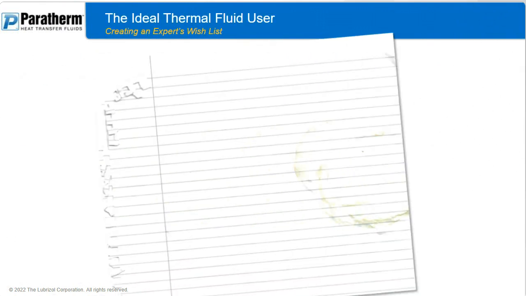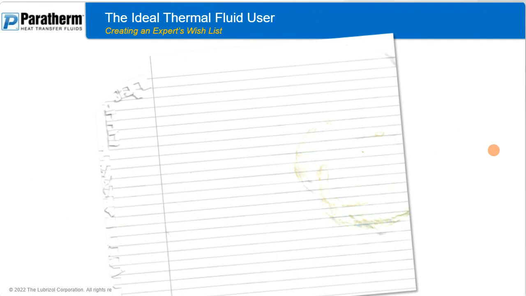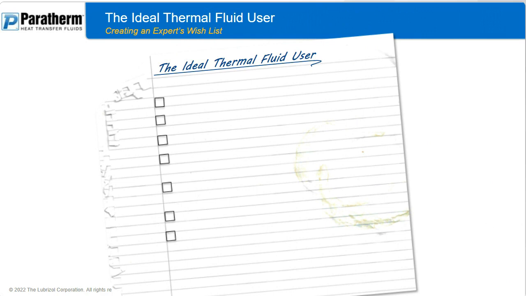All right, so start off with our list. Let's start with something I always find to be extremely important, and I prioritize this at the very beginning: as an ideal thermal fluid user, you have to really appreciate the impact of the thermal fluid and the thermal fluid operating system on your overall operation.